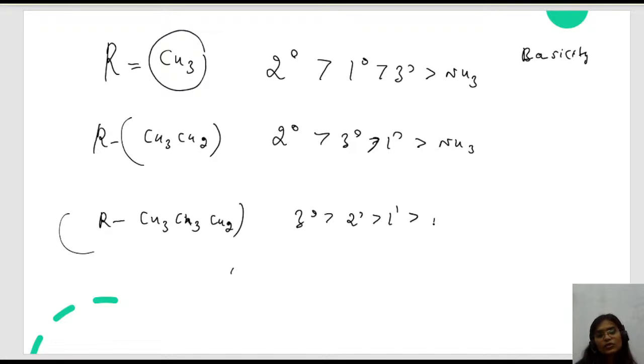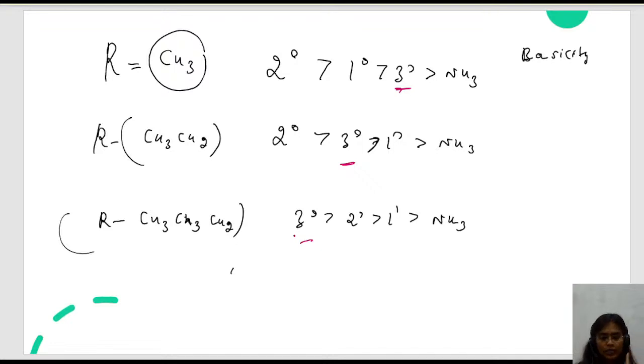After three carbons, you can use any number of carbons and the order will remain maintained.